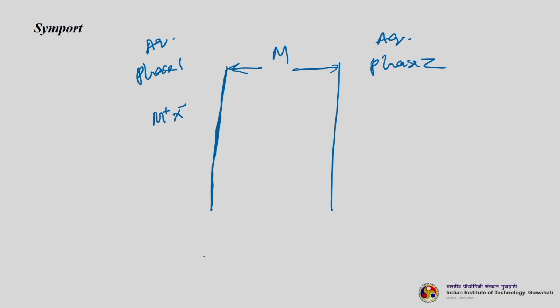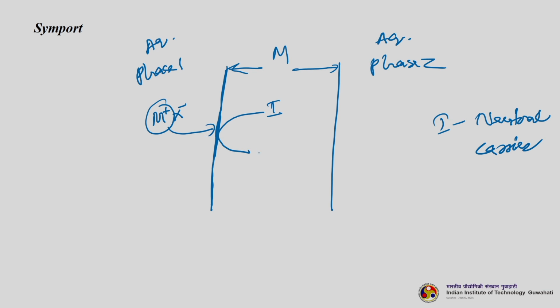Once it is complexed with the carrier, here we will talk about a carrier which is usually neutral. So, I is a neutral carrier. What will happen? This I is coming here and binding to M. Now it is forming a complex called the I M plus X minus complex.